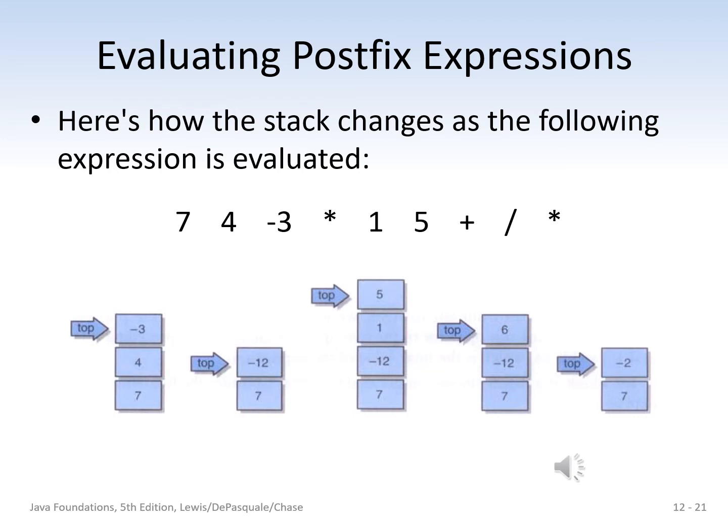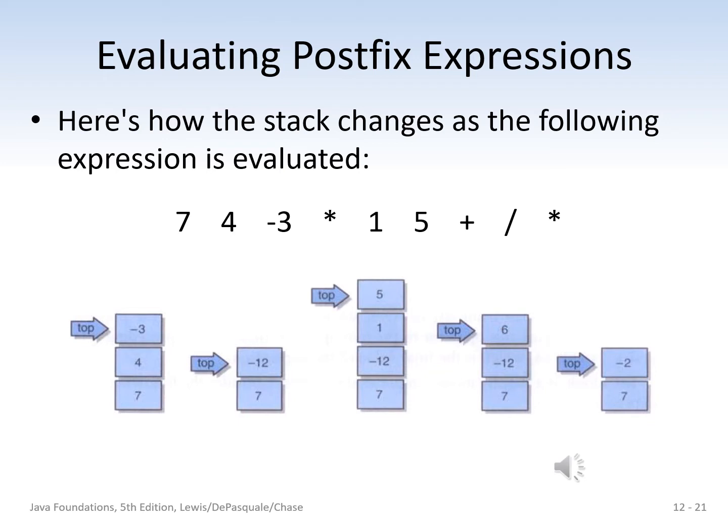And there we are at the second state, if you will, with a -12 at the top and a 7 beneath it. Then we come to a 1, we push that onto the stack, and we come to a 5, and we push that onto the stack.